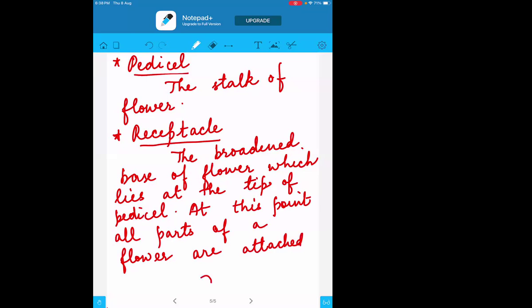Like this, you have the structure, and here it will be the ovule. At this part, basically, everything will be lying. This part is the receptacle.